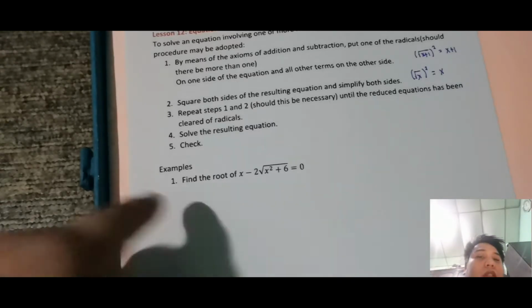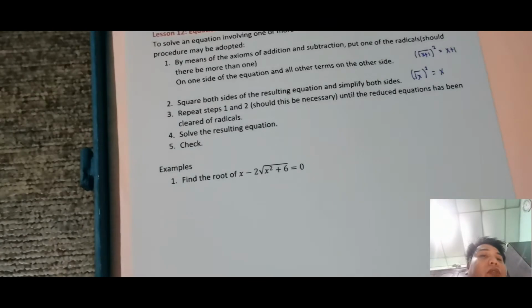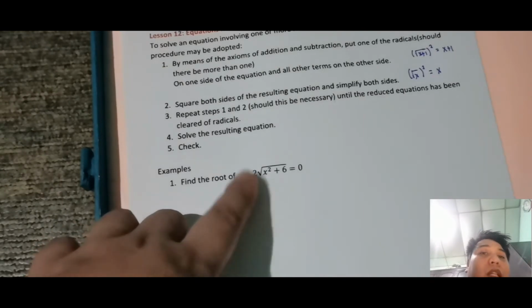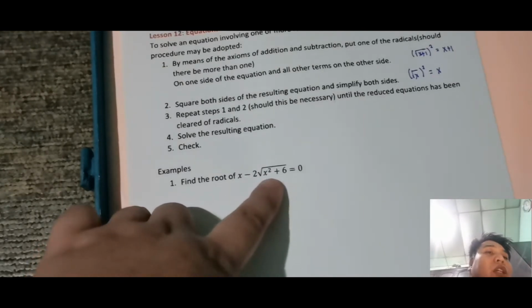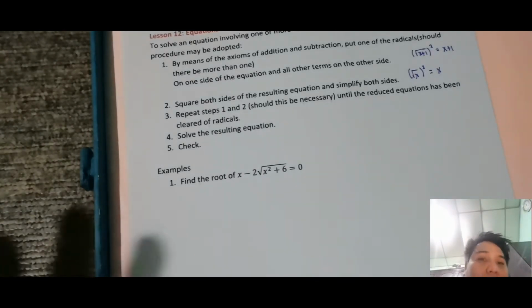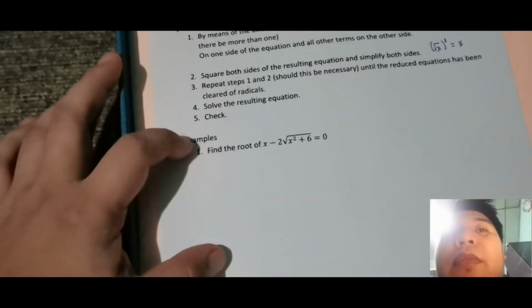Okay, so in this term, so sabi, x minus 2 square root of x squared plus 6 equals 0. Ang walang radical is x. Siya lang mismo. Si 2 ay naka-attach kay square root of x squared plus 6. Meaning para siyang coefficient ng ating radical. Okay, so tuloy natin. Copy ko lang ha.